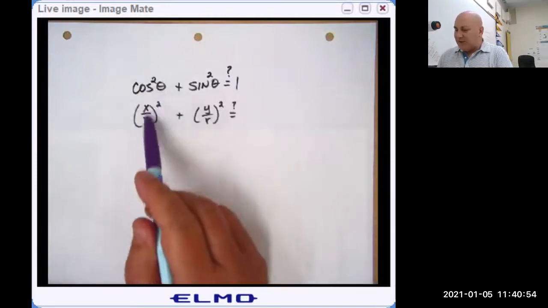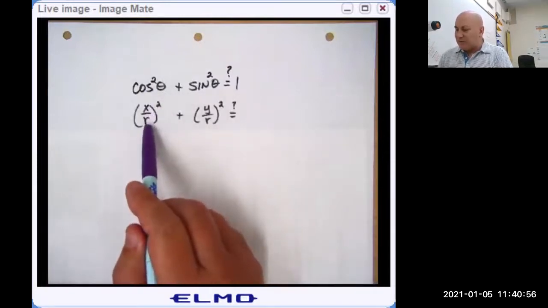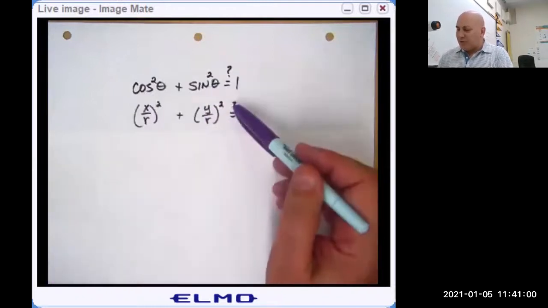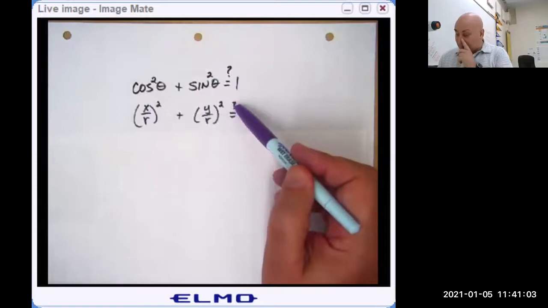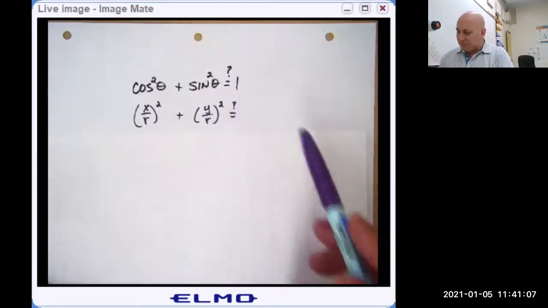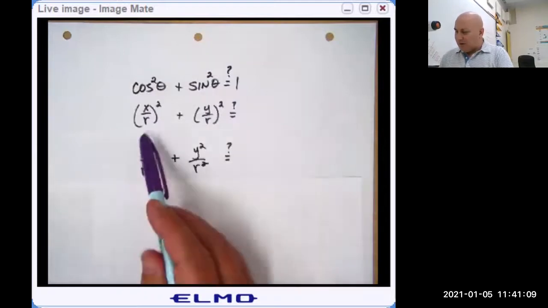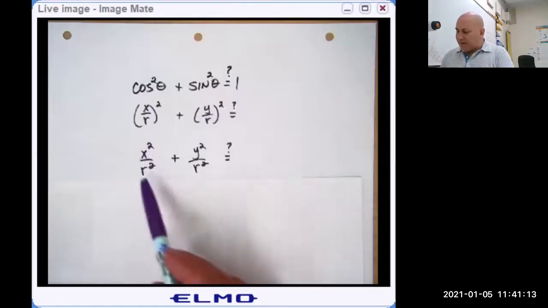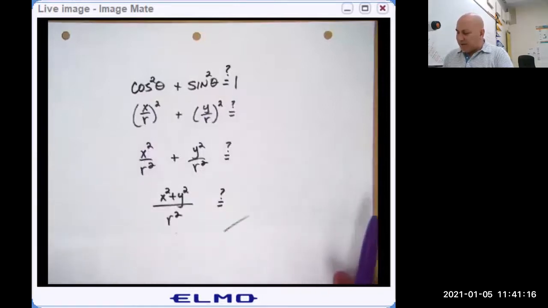Cosine theta is x over r. Sine theta is y over r. Notice I put an equal sign up here because I don't know if it's true yet. I'm not even going to touch this 1. All right, I've squared and squared. Now I have a common denominator, so I can combine them.